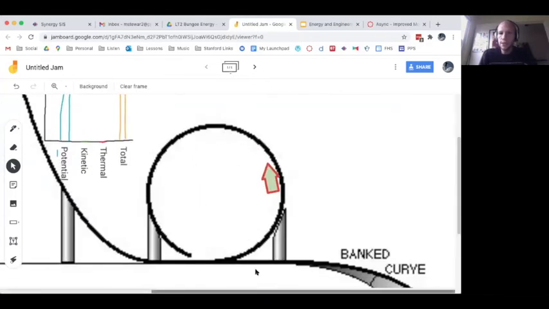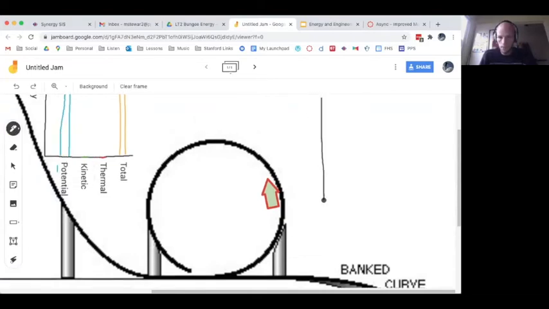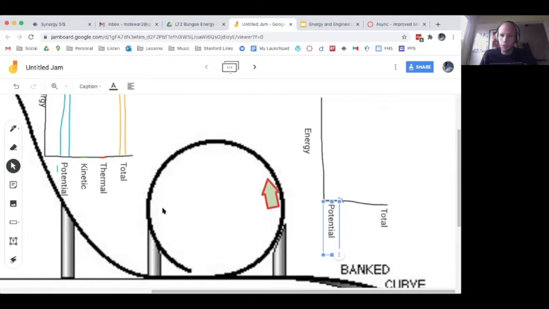So let's zoom in right over here on the loop-de-loop, right when the roller coaster has come down and is starting to go back up through this loop-de-loop. So again, our y-axis is going to be how much energy there is. We're going to measure the total amount of energy, how much potential energy there is, how much kinetic energy, and how much thermal energy there is.